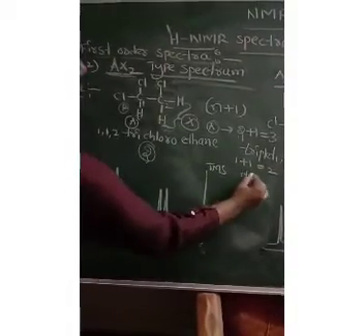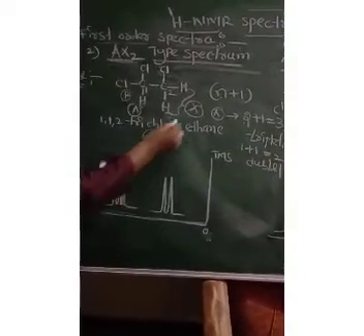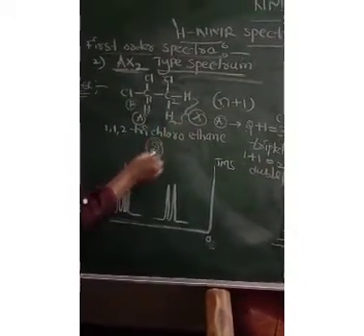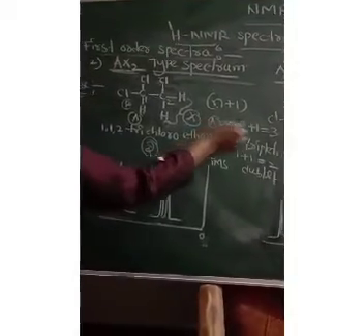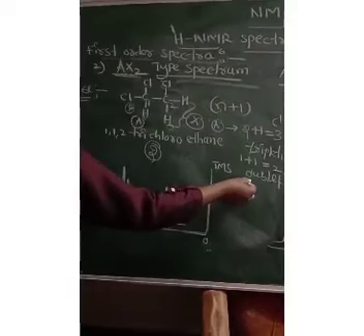That gives a doublet for the X type of proton. So it gives 2 signals: one signal splits into a triplet, and another splits into a doublet.